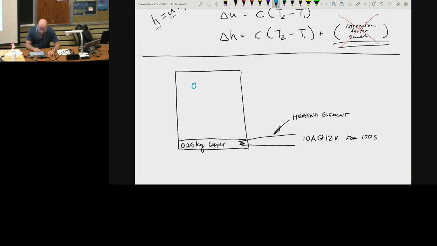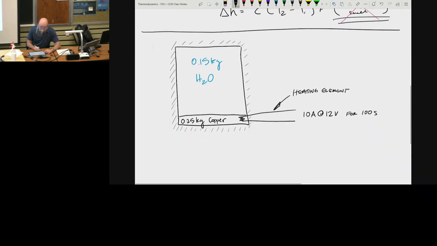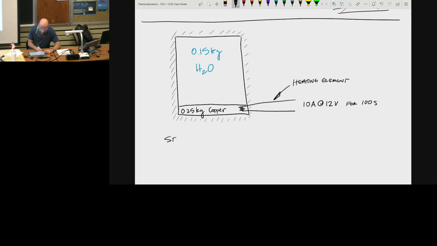Inside this tank, we have 0.15 kilograms of water. We're going to insulate this tank completely. At state 1, the temperature of the water in the tank, which is in equilibrium with the copper, is 30 degrees Celsius.